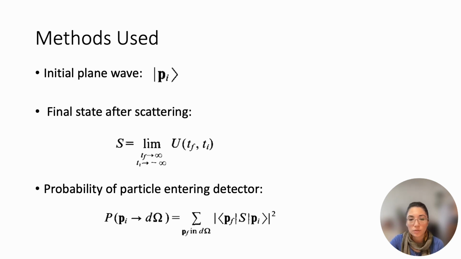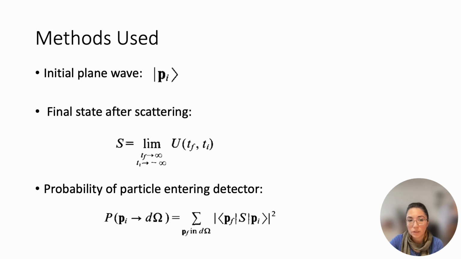And so the methods used to measure form factors: let's consider an initial wave packet that's broad enough that it can be approximated by a plane wave with initial momentum p. And so the final state after scattering of that wave is determined by the propagator U, which is described by this operator S, which we'll call the S matrix.